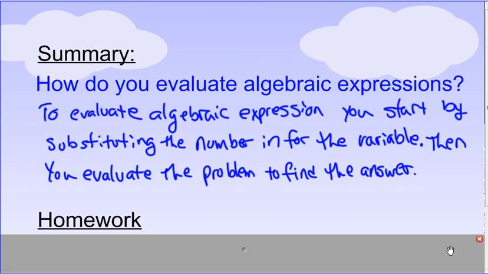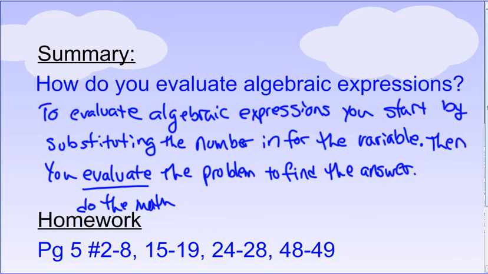To evaluate algebraic expressions, you start by substituting the number in for the variable. That's what we did in all of our problems. We got rid of the letter by putting in the number. Then you evaluate, which means do the math to find the answer. That's what we did in every single problem.